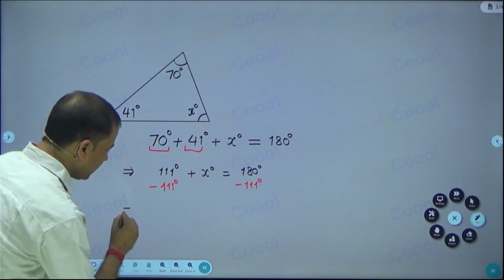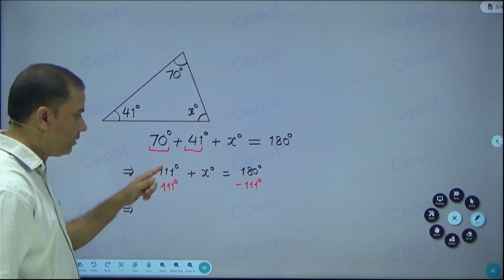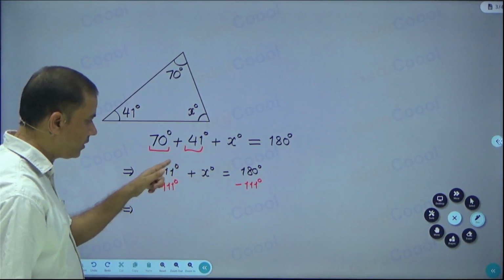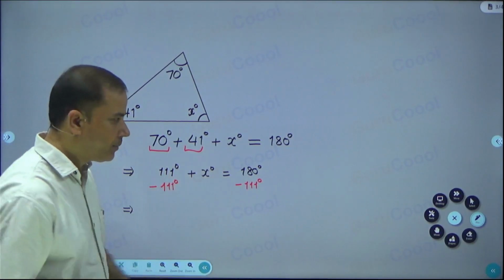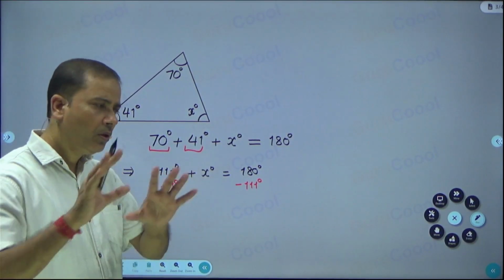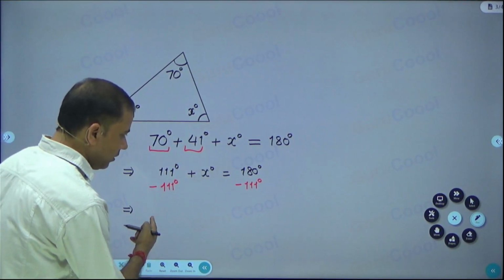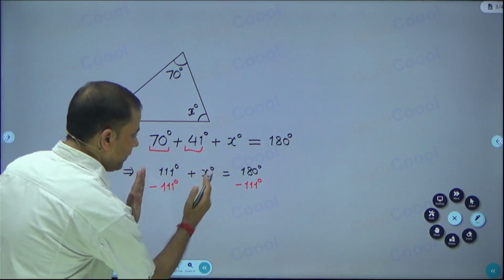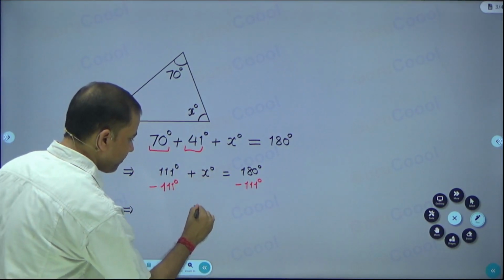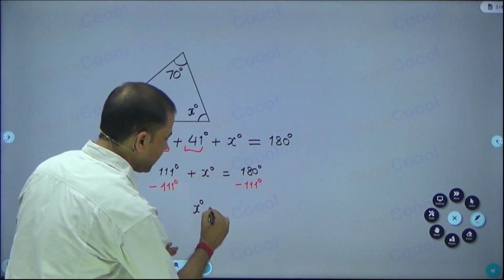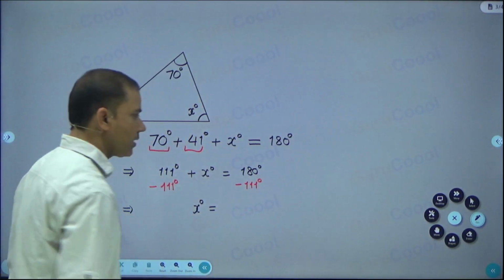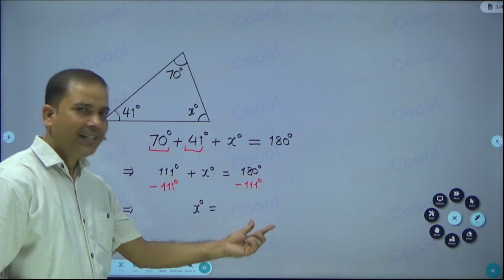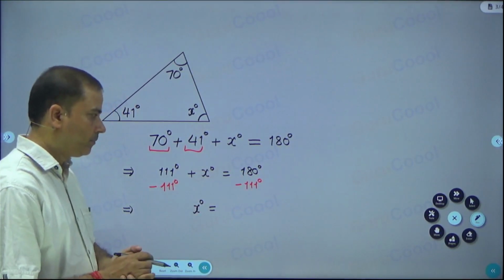What happens as a result? On the left side, 111 minus 111, we can ignore this part because they are making 0, no need to write. So what else do we have on the left side of the equal sign? Here we have x degrees remaining. On the right side of the equal sign, 180 degrees minus 111 degrees.